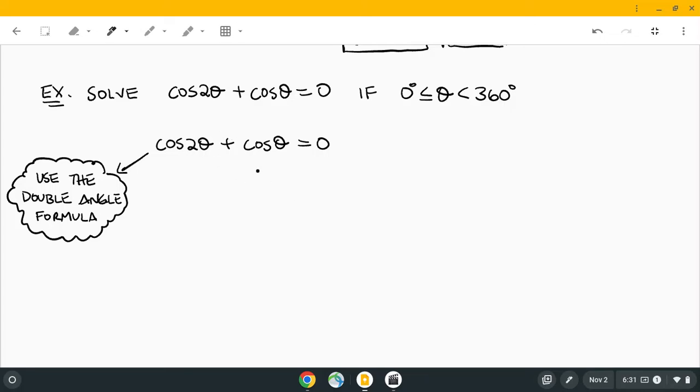And so we definitely want to keep everything in terms of one trig function. So if you remember, the first option has sine and cosine in it. The second option had only cosine in it. And then the third option had only sine in it. So I will go with the second option where it only uses cosine.